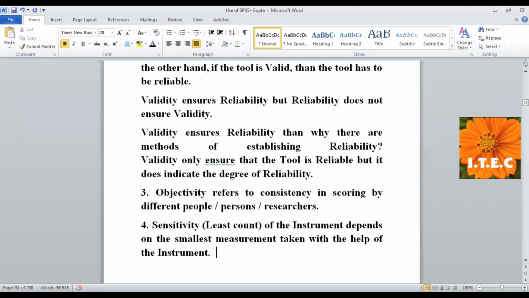And sensitivity cannot be the characteristics of the tool. For example, if there is a small change in your understanding, then that small change cannot be detected with the help of the achievement test. If there is a small change in your vocabulary, the vocabulary test may not be able to indicate that small change.